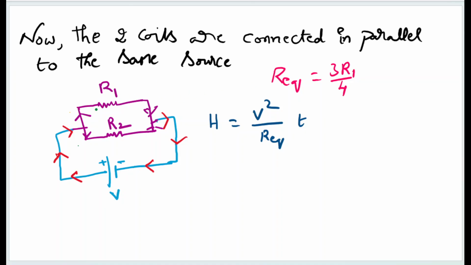For this parallel combination of two heating coils, R equivalent is equal to 3R1 by 4.